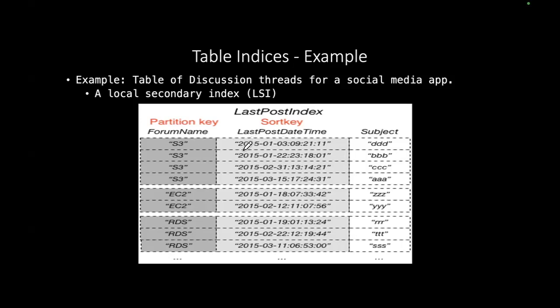But because of the way the dates are structured, we could run a query against this discussion threads table where we're looking for all items related to a particular service, let's say S3, where the last posting for that service began with a particular year, or year and month combination. And the DynamoDB server side will be able to execute those queries for us and return the particular subset of records.